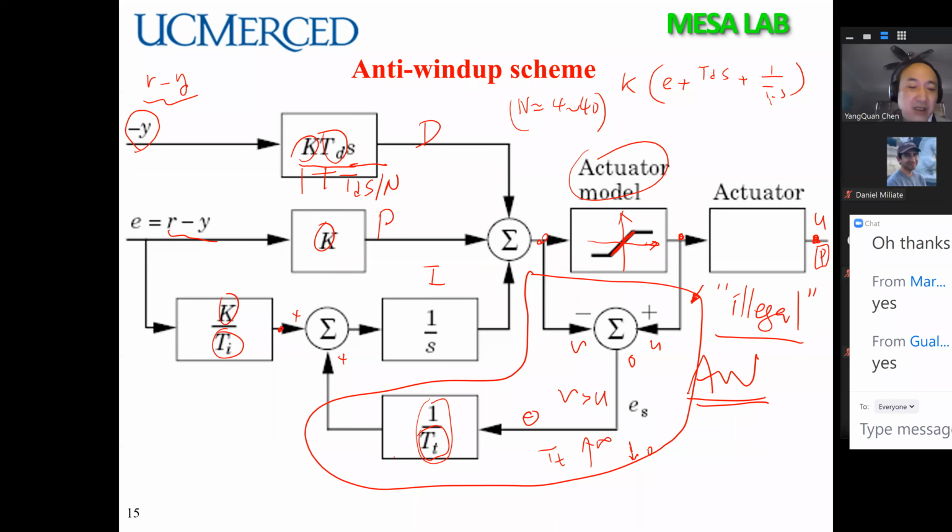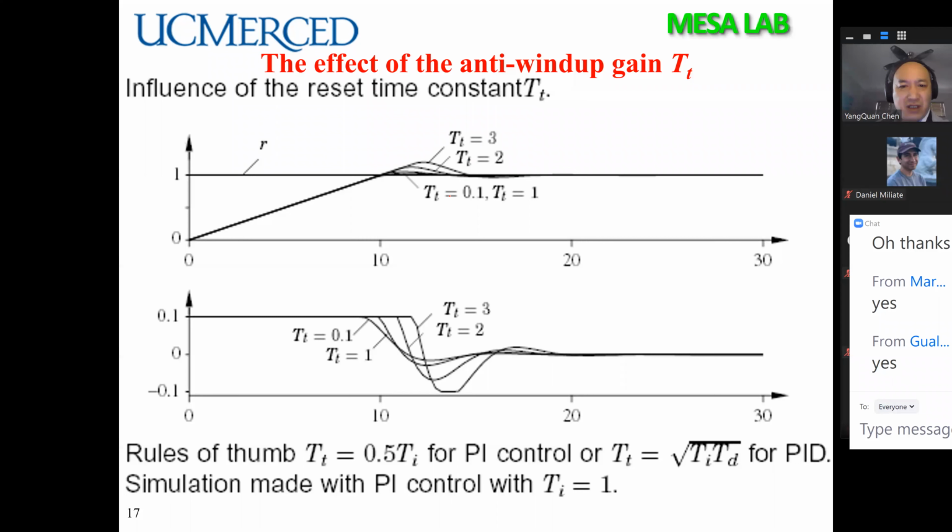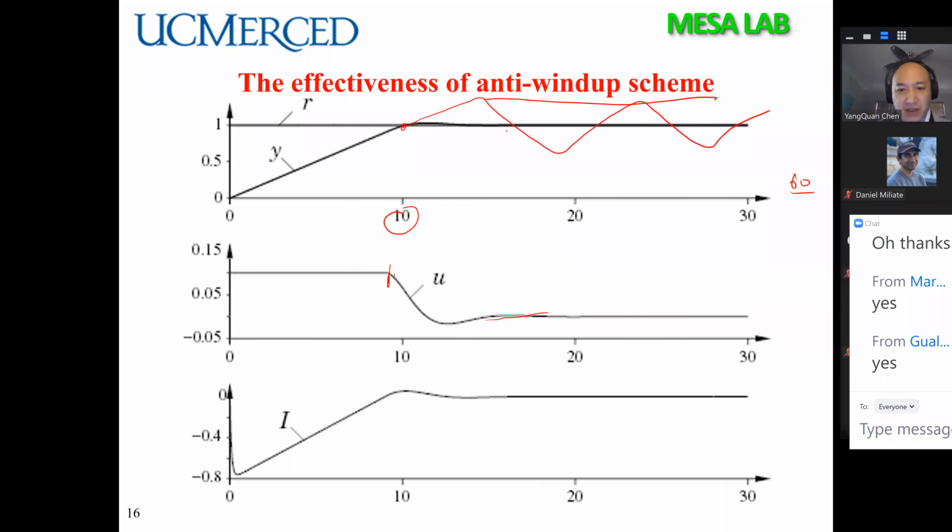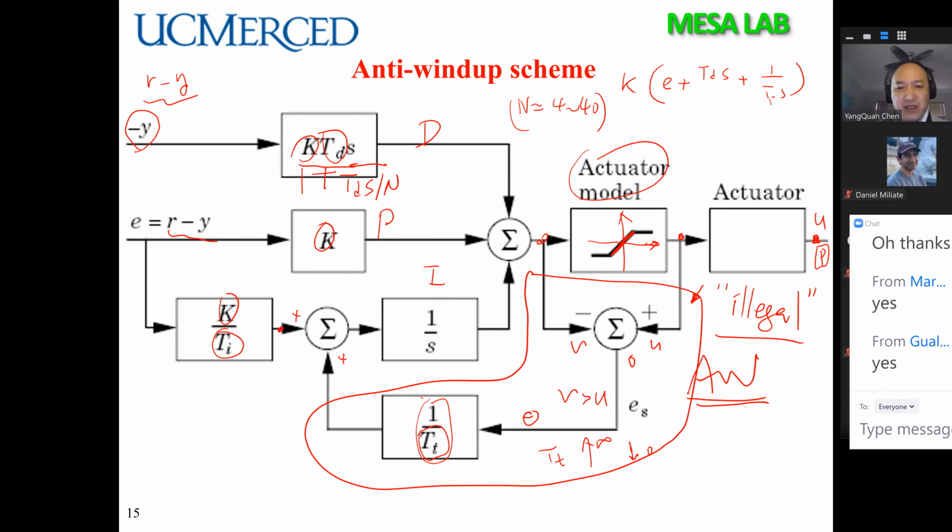Okay, so let's check different T_T. If T_T is small, this gain is bigger, so you have a very strong anti-windup.